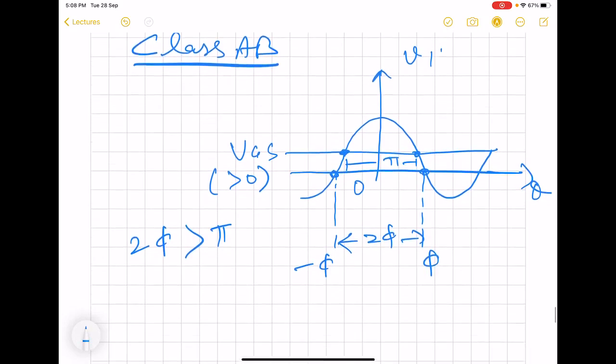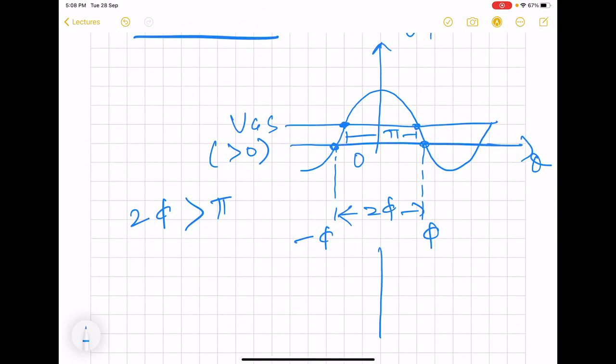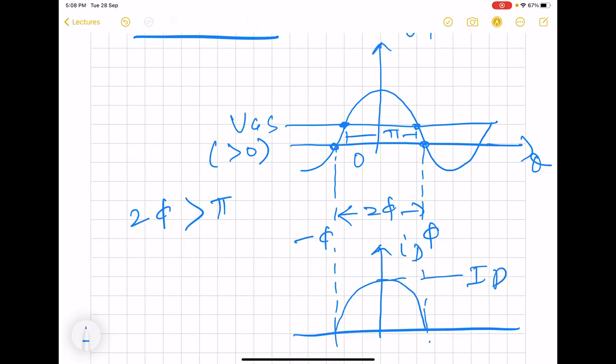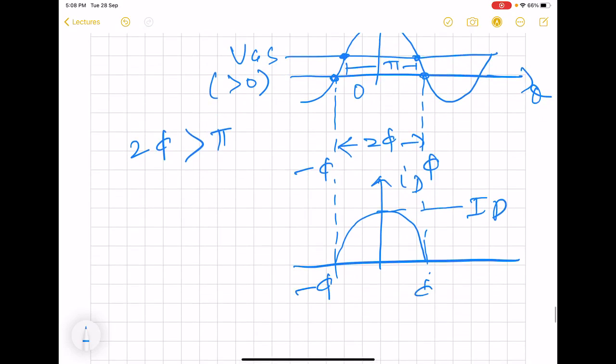So whether we start from this input voltage waveform leading to drain current like this, mathematically, all the steps that we carried out are going to be exactly the same, and in fact the same expression will turn out.